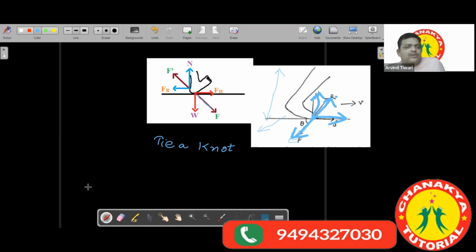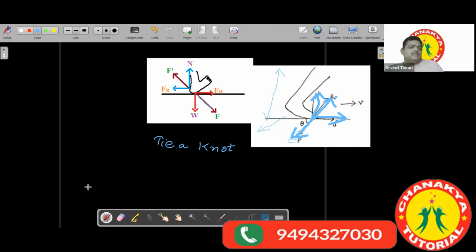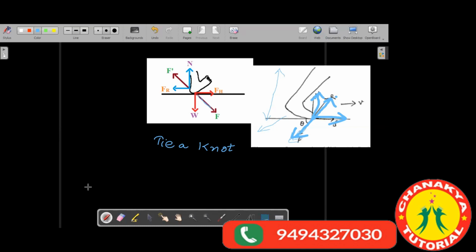Is it possible for us to write with the chalk on a blackboard without friction? Sir, I want to say no, sir. I want to say an example.